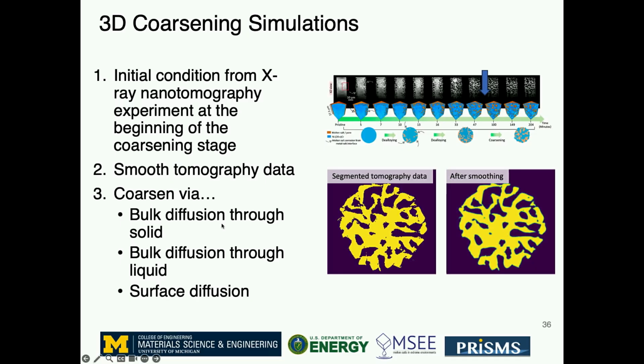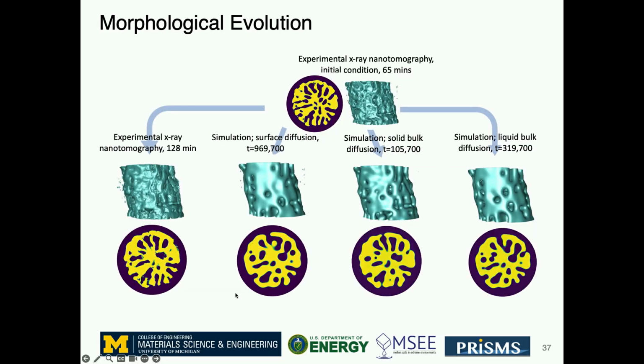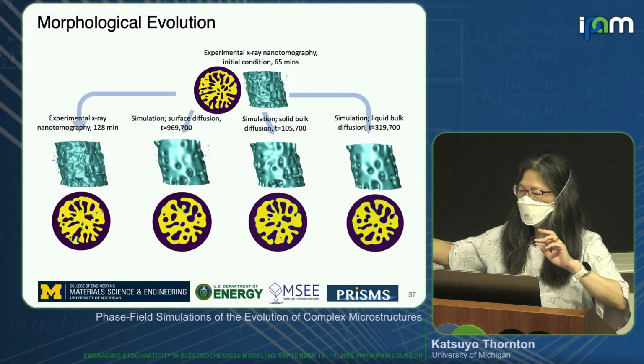So bulk diffusion through solid, bulk diffusion through liquid, and surface diffusion. Those are 3 separate simulations that we conducted, and we can get the microstructures at different times. So we have 3 simulations, a whole bunch of data as a function of time.